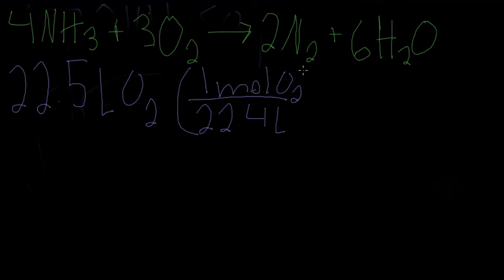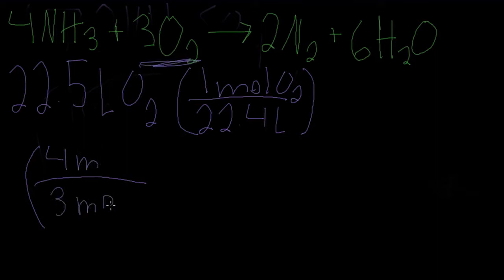Once that has been divided, we're going to have 3 moles of O2 on the bottom, and we're going to be using 4 moles of NH3 on the top.